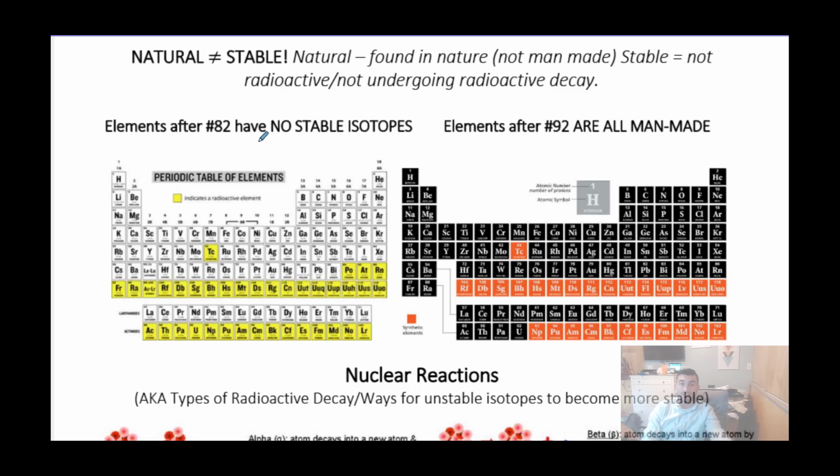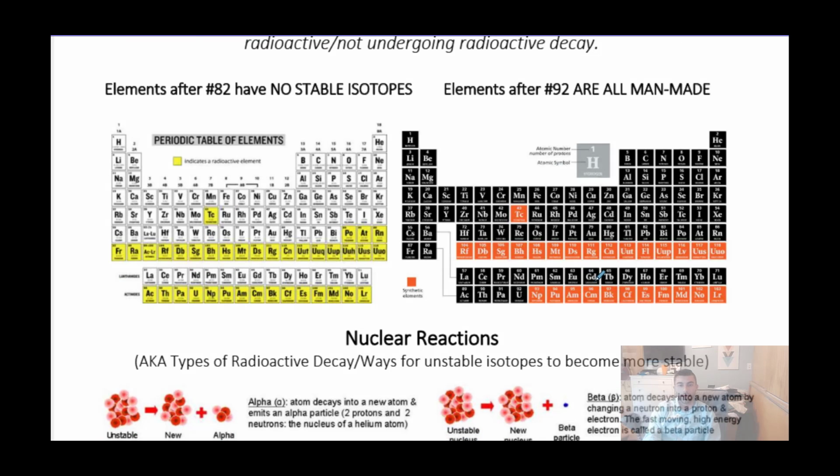All the isotopes that exist for them are going to undergo decay. Elements after 92, although all of their isotopes are also unstable, are all man-made in the lab. So like uranium, palladium, thorium, those can be found in nature, but neptunium, plutonium, americium cannot. They're all made in the lab.